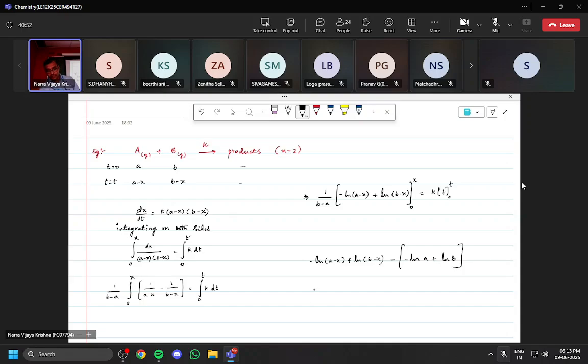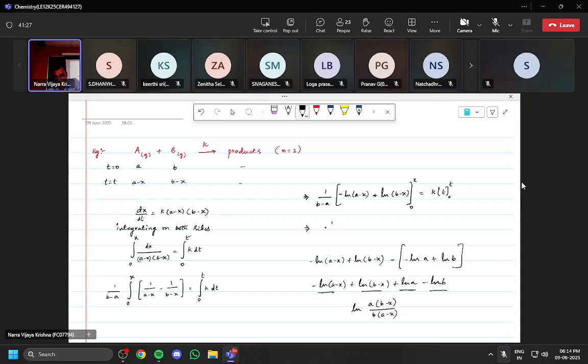Then what is the net equation? This becomes minus ln(a minus x) plus ln(b minus x) plus log a minus log b. From these, whichever are negative go to the denominator. So can I write this as log of a(b minus x) upon b(a minus x)? Correct? So I'm writing directly here.